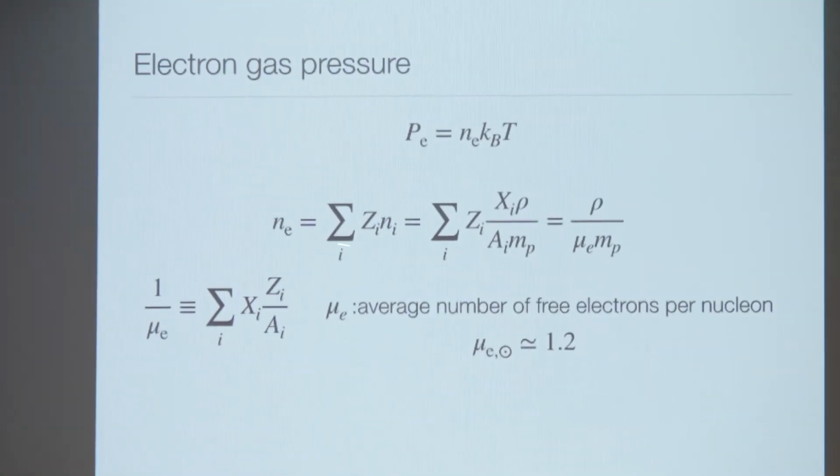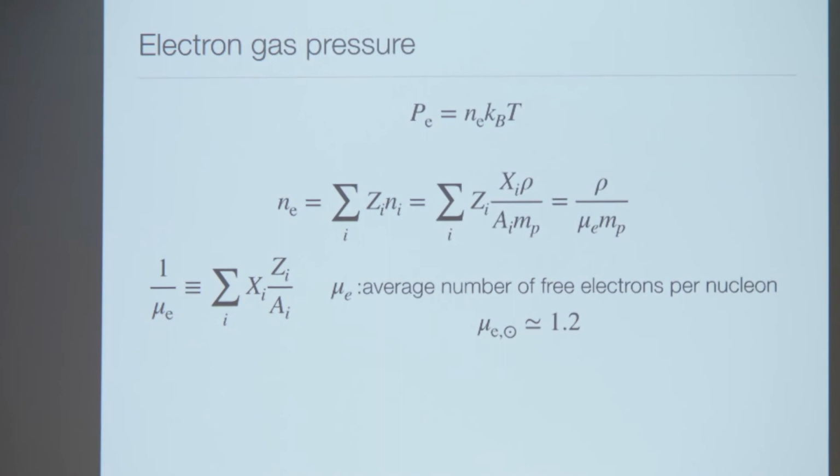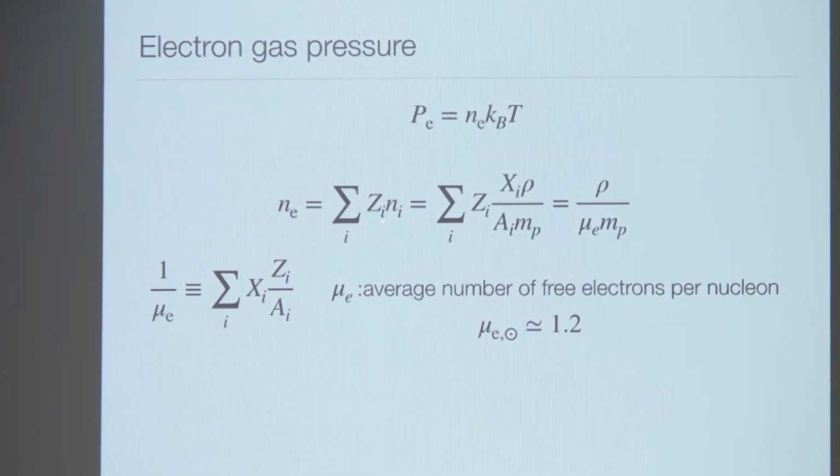So the number of electrons will be, assuming everything is ionized, the atomic number times the number density, and again we sum over all the elements. Then you can change this number density in a similar way.